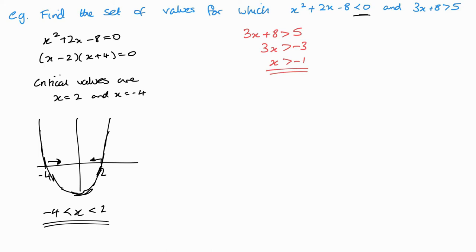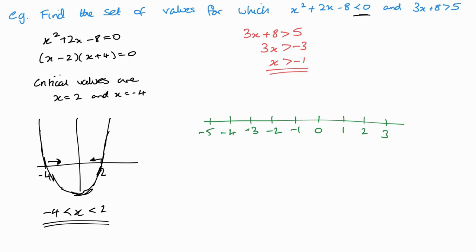Now I want to compare them together and find the set of values that works for both. So let's just set these out nice and make them obvious. There we are.